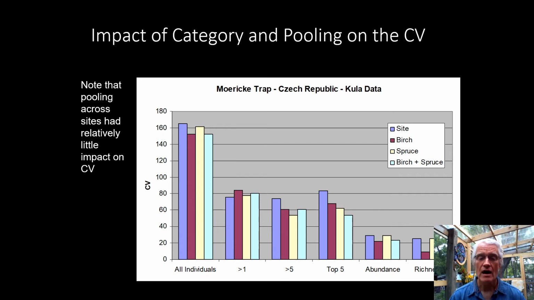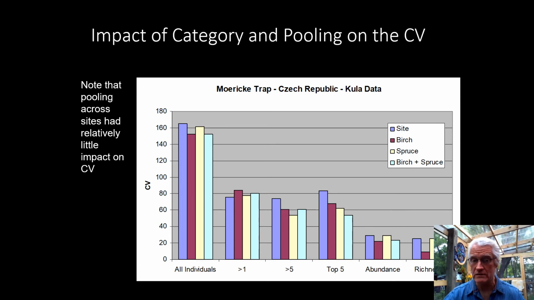If we look at all individuals, what you want is to be right around 50%, a CV of 50%. These are averages, and you can see most individuals are way off the charts in terms of their variability. When we just choose species that occur at least once a year, which a surprising number occur at low numbers, all of a sudden the average CV is a lot lower.